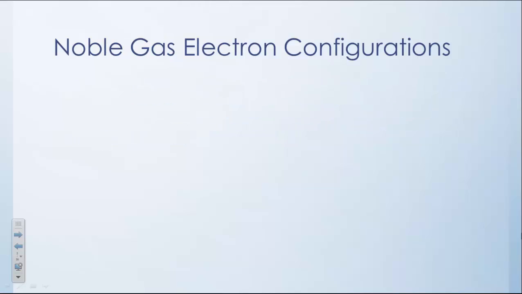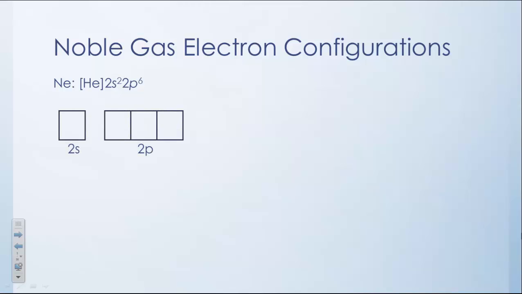As a review, let's quickly revisit the electron configuration of neon that we've talked about before. Recall that neon has an electron configuration of helium 2s2 2p6, which means its electrons completely fill the 2s orbital and the 2p orbital if we put our 6 electrons in here.